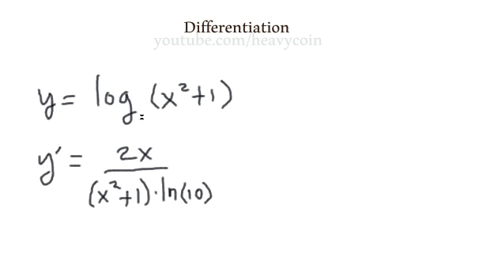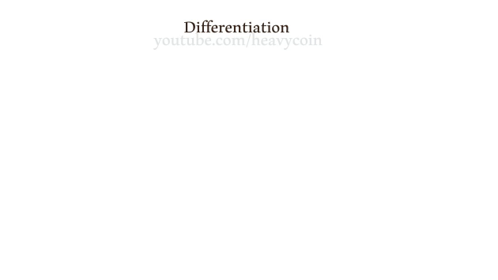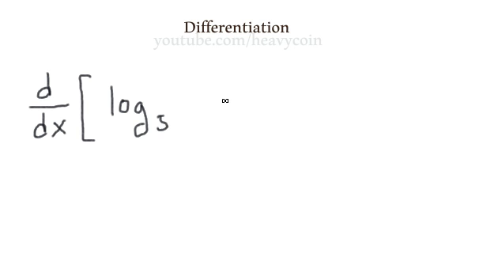All right, let's do one where the base is different. Let's look at this notation. We're just using different notation, no big deal. This way, if you were asked something like this, you'll know what to do.